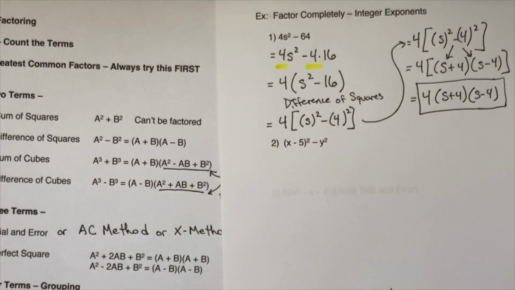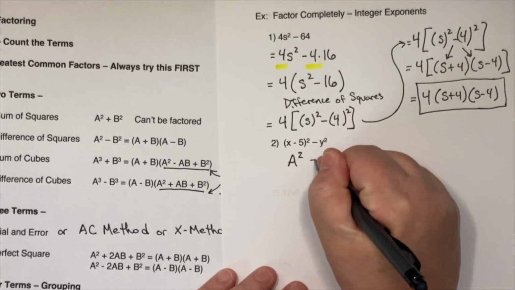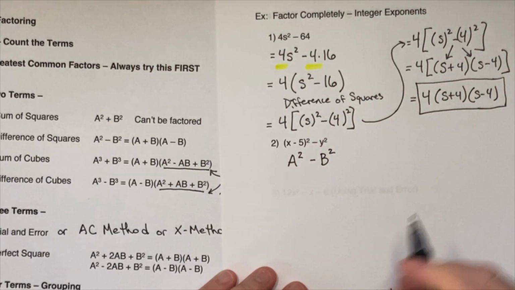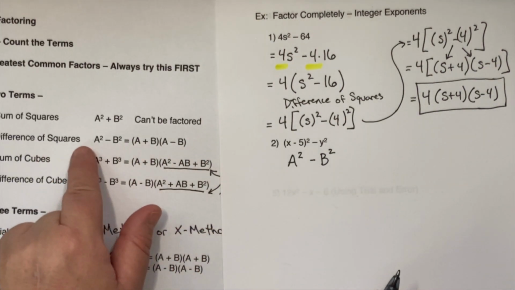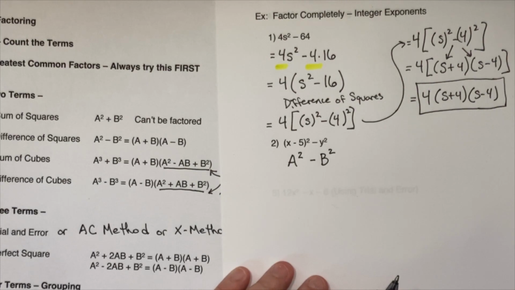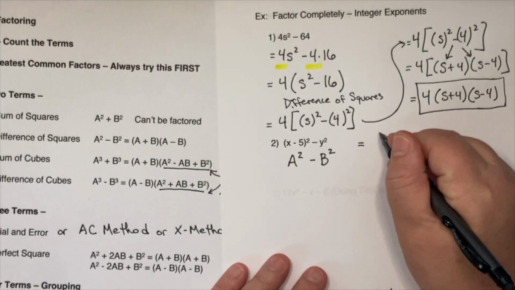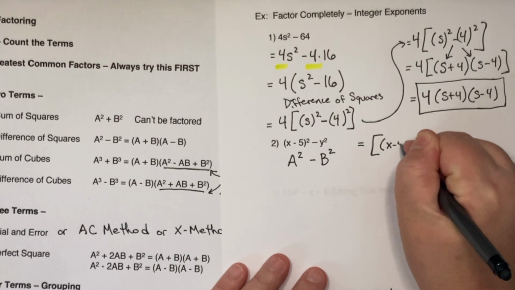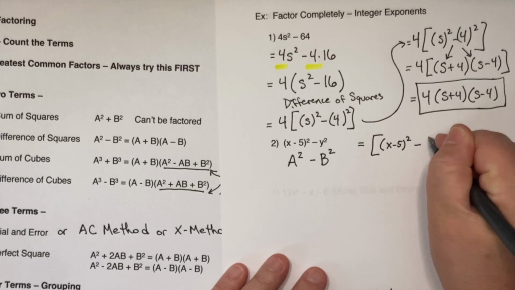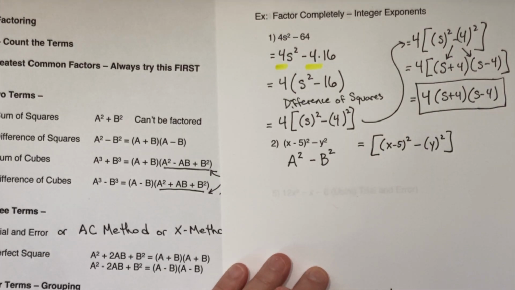And the reason for that is, basically, this has been written as a squared minus b squared. And that is the difference of squares. That's this one right there. So let me go ahead and show you what I mean by this. I'm going to go ahead and use brackets to write it like that.